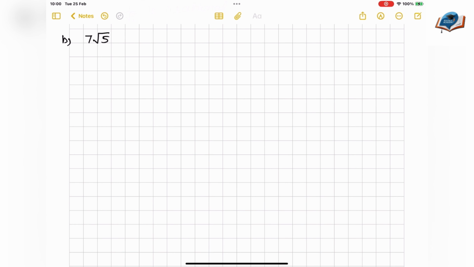Next question says prove that 7 root 5 is irrational. So let us assume that 7 root 5 is rational.